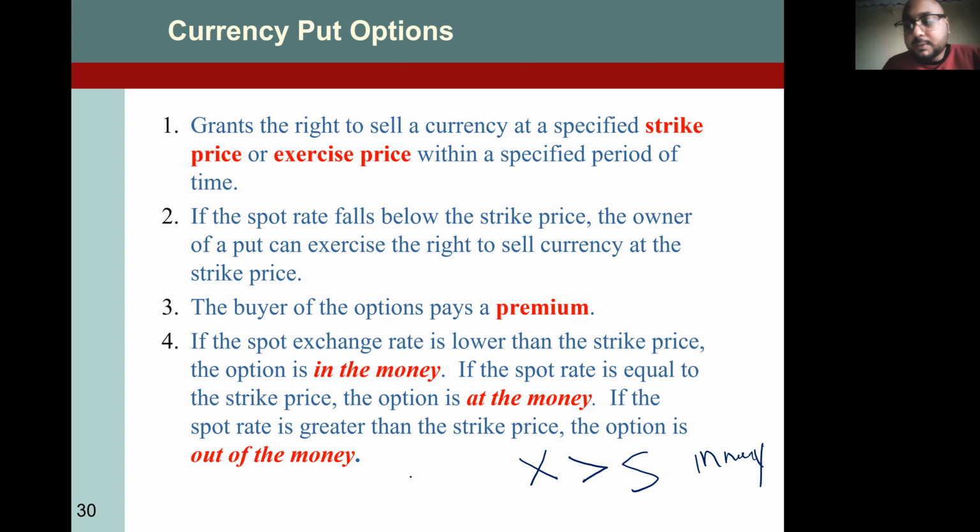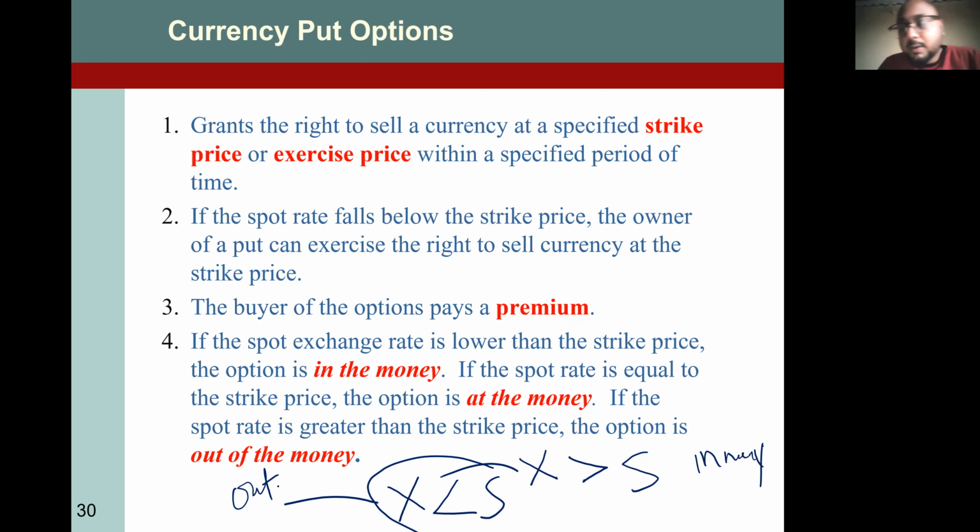Out of the money means the strike price is less than the spot market price. When it is out of the money, it is better to break the deal rather than honor the deal. If you honor the deal, the buyer of the put option will incur a loss. So the buyer of the put option has the option to sell or not.